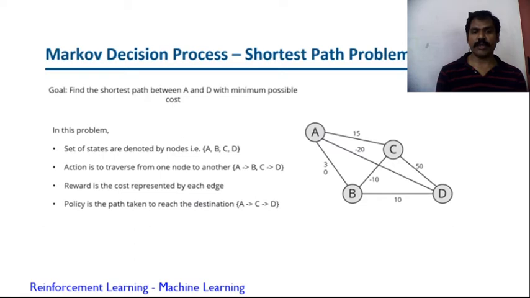Here you can see the policy is the path taken to reach the destination, A, C, D, because it gives me the maximum reward, 15 plus 50, so 65 I am getting. This is the maximum reward I am getting, so based on this I am fixing the policy as A, C, D. But for example, this graph has only 4 states.